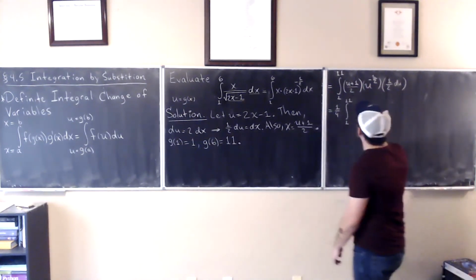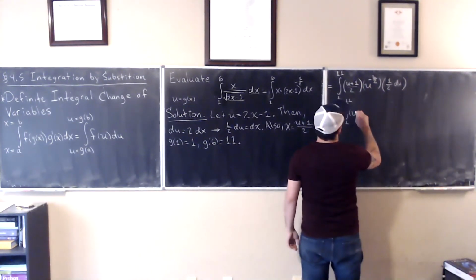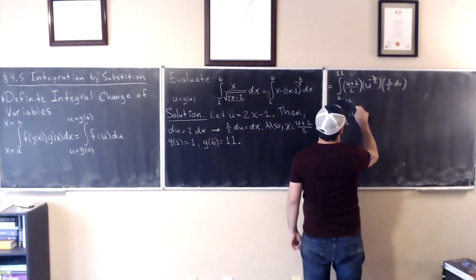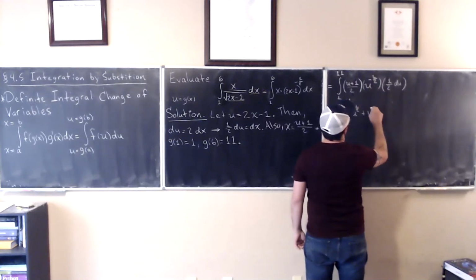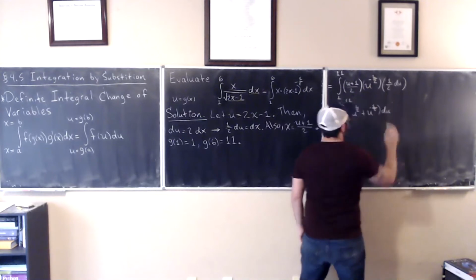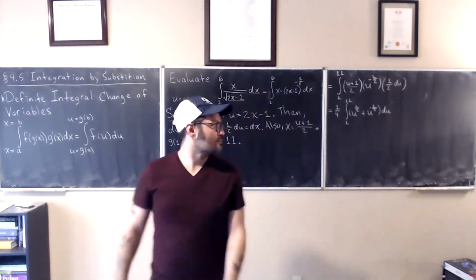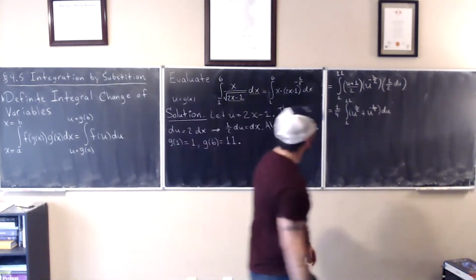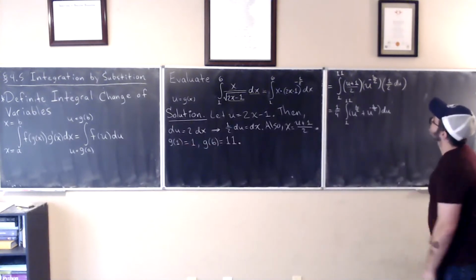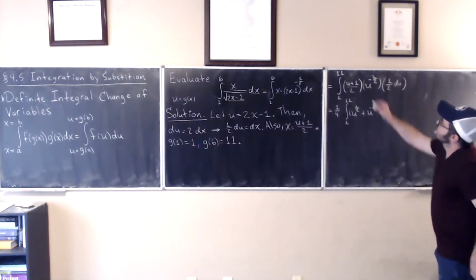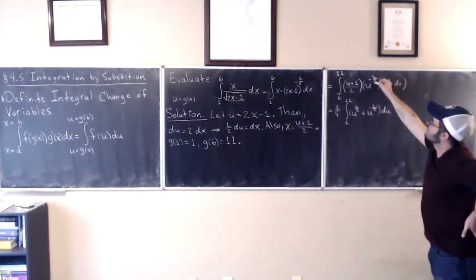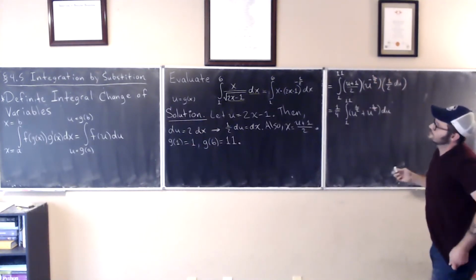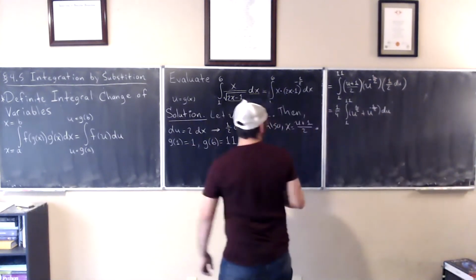So what is that? u to the power 1/2 plus u to the power negative 1/2 du. I think that's correct, right? 1 plus a negative half is definitely a half, and then that times that. Okay, everything is looking all right.